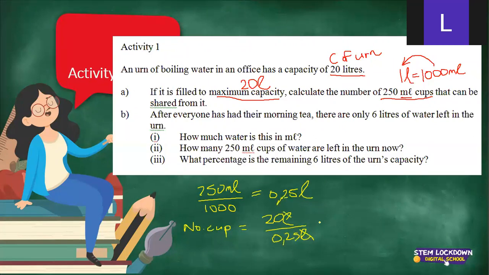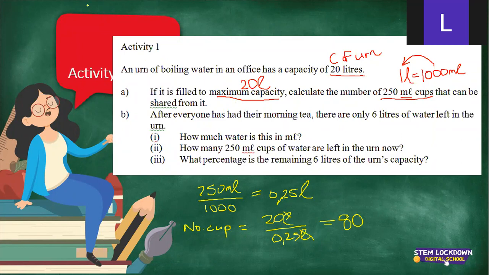So that will cancel out, and you'll have 20 divided by 0.25, right? One of the learners, Jared, if I'm pronouncing it wrong, just forgive me, got 80. Let's see if you are correct. 80 times, well done. So 80 times. That's very, very good. Now let's move on to the next one.